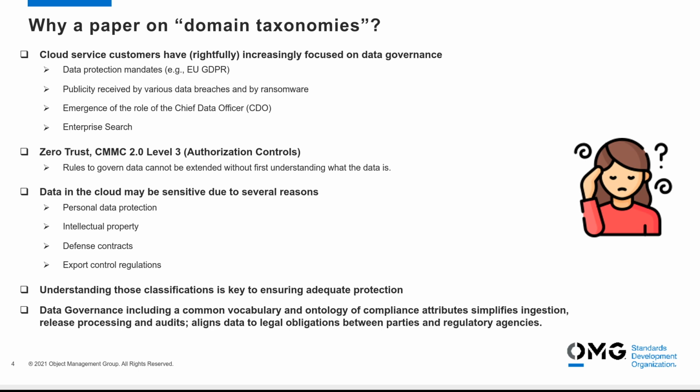So search and recovery, and then the third one being compliance. So interoperability, finding rich information, especially in the business intelligence, analytics and AI use cases, and then additionally compliance. Those are the three main areas why we needed a standard on these various domain taxonomies.